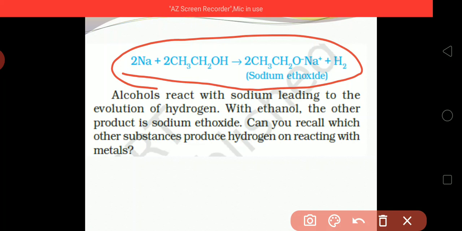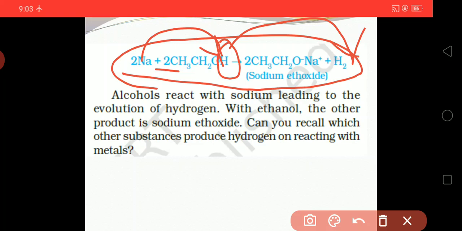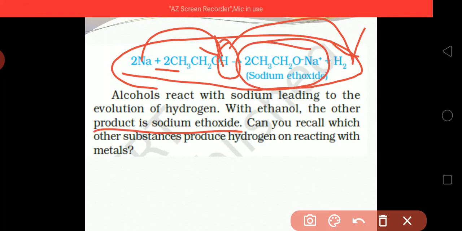Alcohol reacts with sodium leading to the evolution of hydrogen. Here, from the O, H is removed, and two molecules are there, so two hydrogens will be removed, and in place of two hydrogens, two Na will take place, and we will get a product. As a product, sodium ethoxide is formed. Can you recall which other substance produces hydrogen on reacting with a metal?